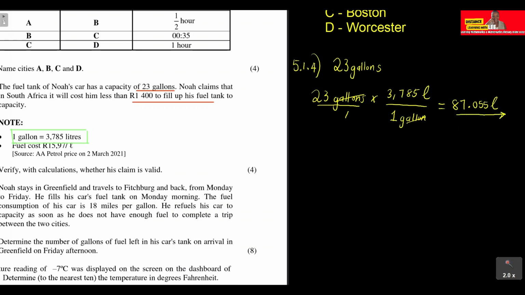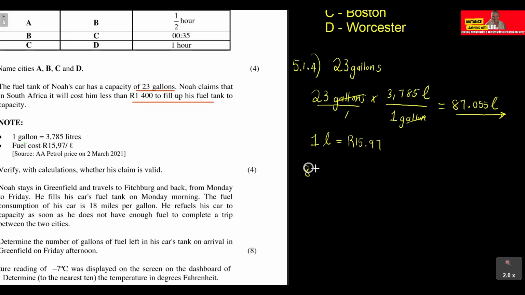Now we're not done. We still need to convert these liters into how much he needs to pay. Remember, we were told that 1 liter of petrol is equal to 15 rand and 97 cents. So we convert these liters into how much he pays for petrol.